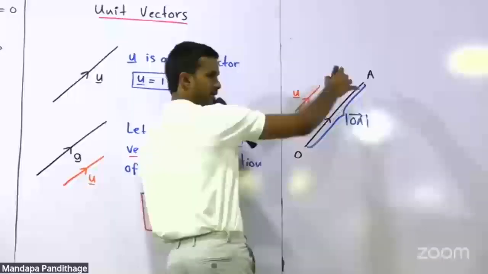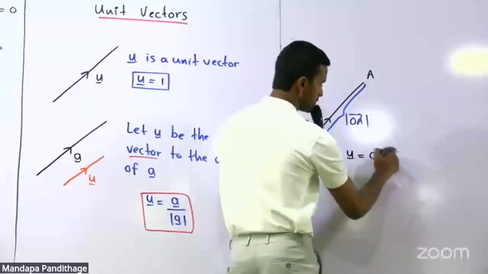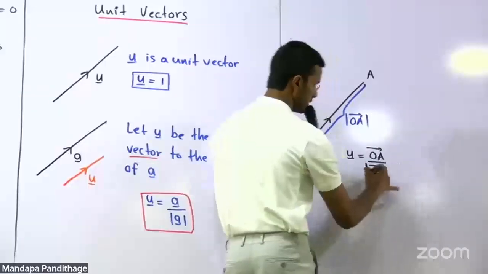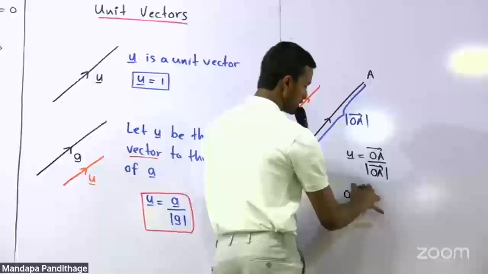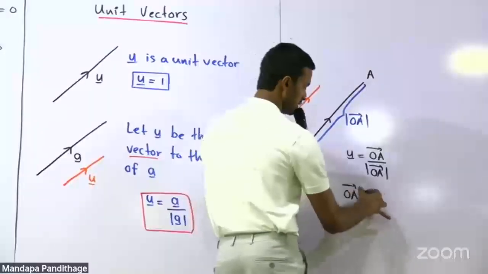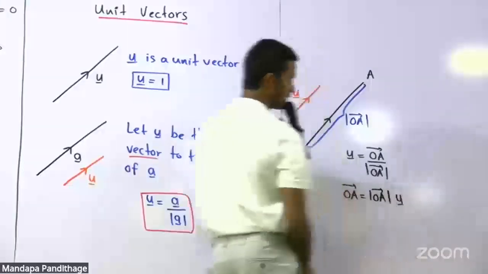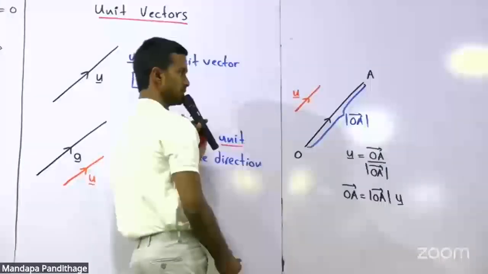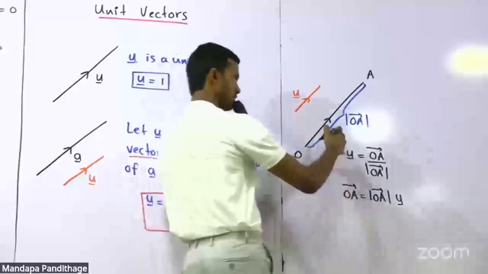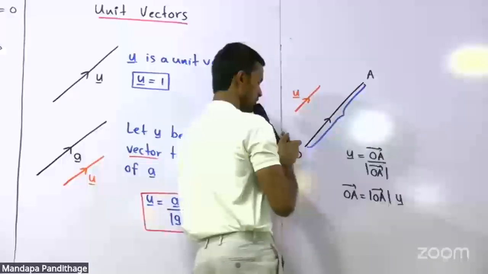The unit vector to this direction is equal to vector OA divided by its magnitude. Which means you can write any vector in terms of the magnitude of the vector and the unit vector to that direction. It's clear that you can write any vector. I'll just keep this in terms of A, then it is clear.